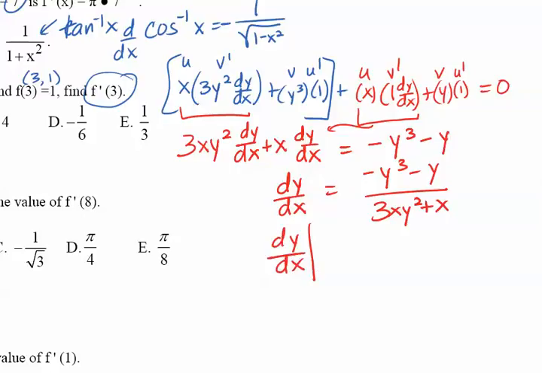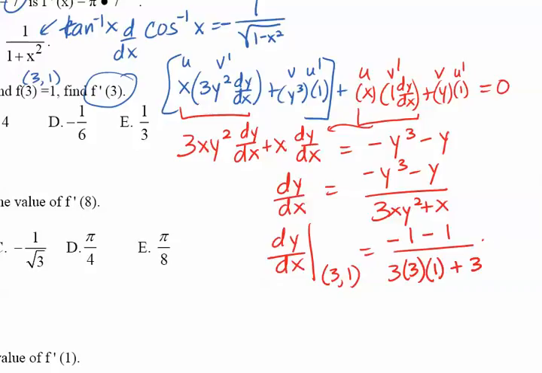And now we want to find that derivative such that x is 3 and y is 1. So we want to put 1 in for y. So the opposite of 1 cubed would be negative 1 minus our y. And in our denominator, we want 3 times x. 3 times x is 3, times y squared would be a 1, plus our x value.